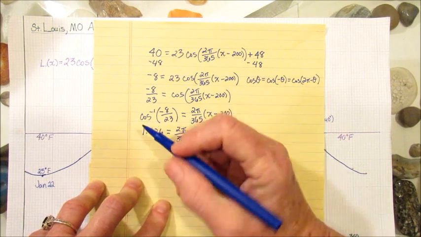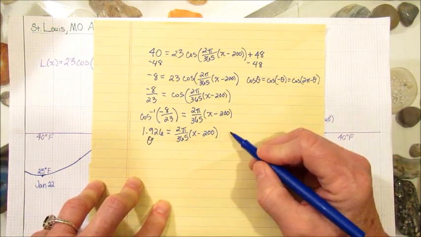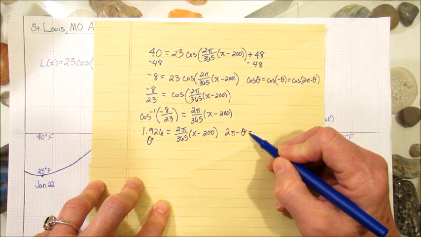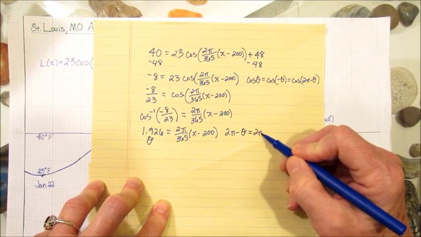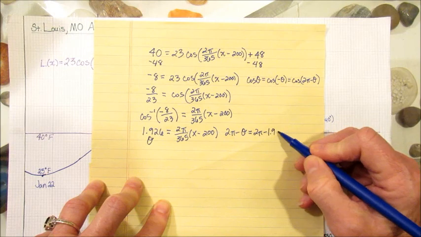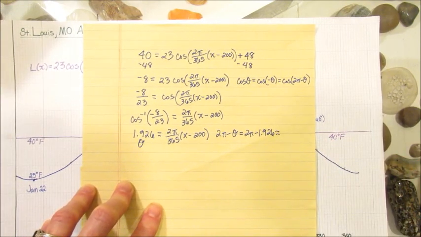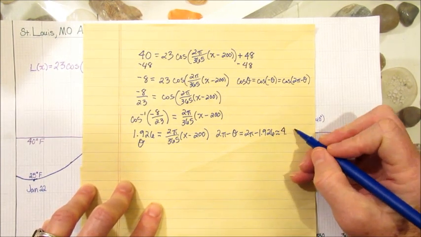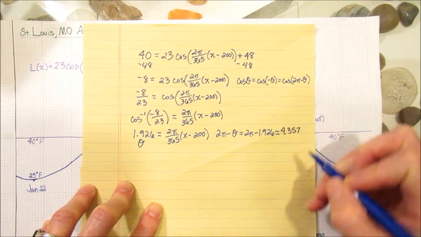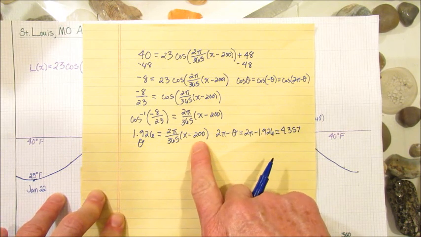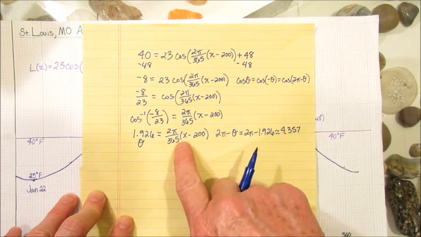This is my theta, and 2 pi minus theta is 2 pi minus 1.926, and that is approximately 4.357.